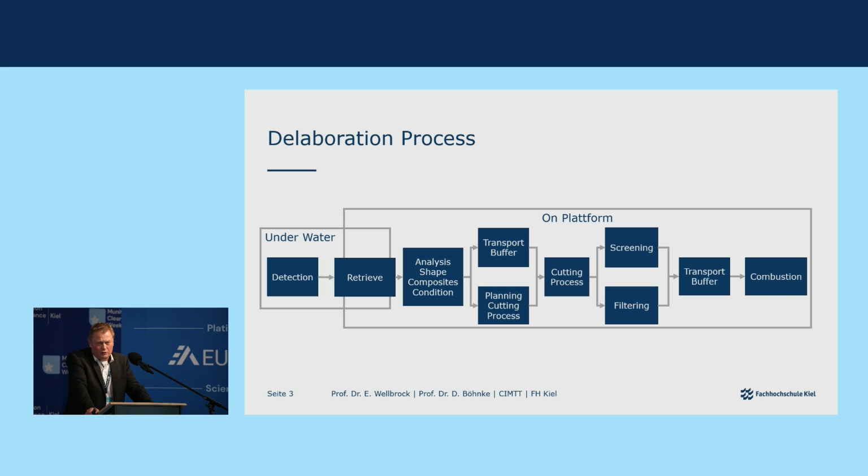Then we've heard today a lot about wet storage. My suggestion is to do this on the platform. We need a cutting process, we need the screening, that means separation of the objects we cut, and we need a filtering, and also the combustion at the end.